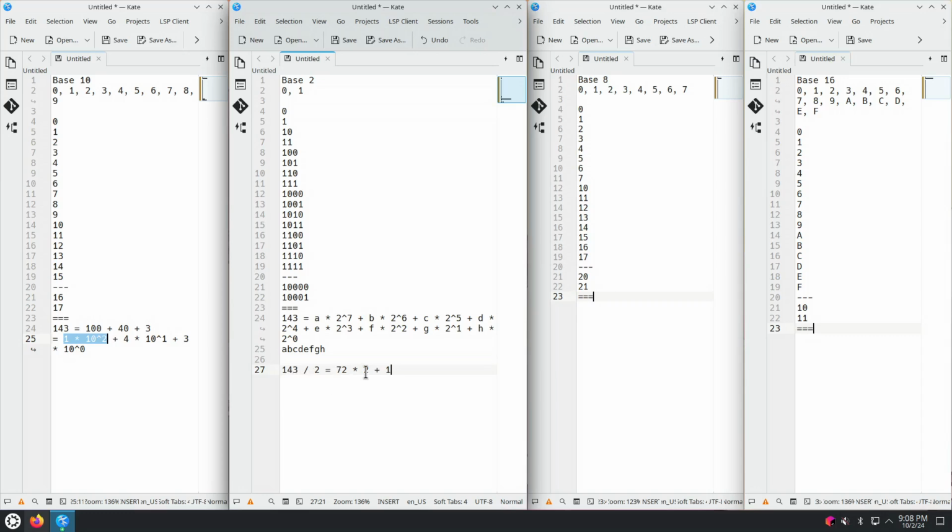So 71 times 2, that's 142, and plus 1. So 142 divided by 2 is 71, and then plus 1. And we always keep this one, the modulo. So H is 1.